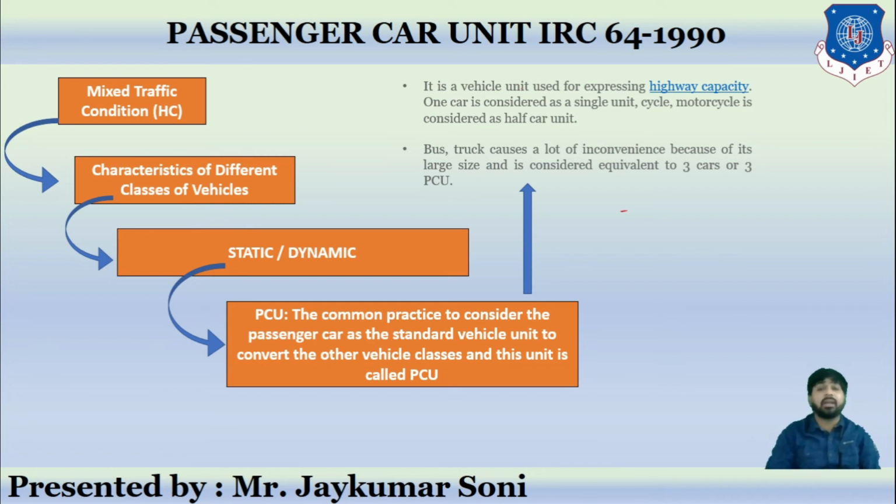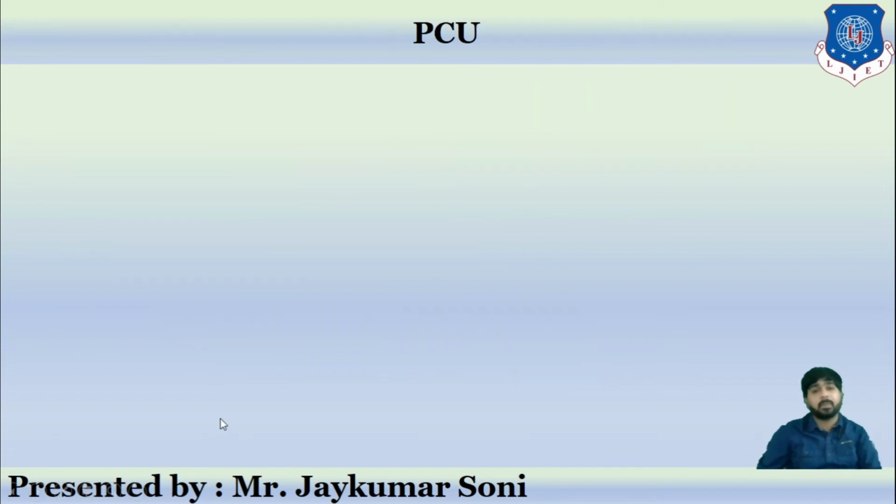It also indicates the capacity of the highway. One car is considered a single unit. Motorcycle occupies half the space of a car, so it is approximately half car unit. Bus and truck cause a lot of inconvenience compared to a car, so because of their larger size, they are equivalent to three cars. So three PCU.